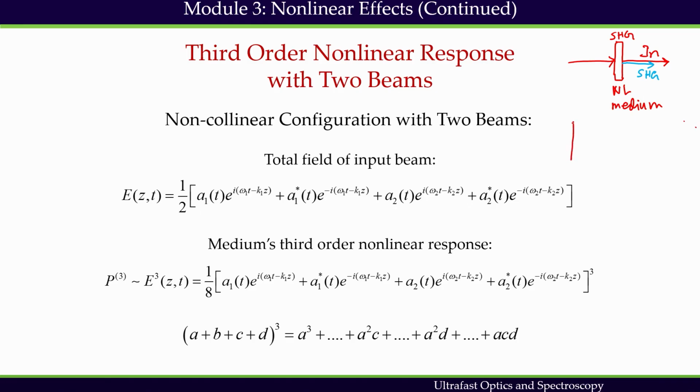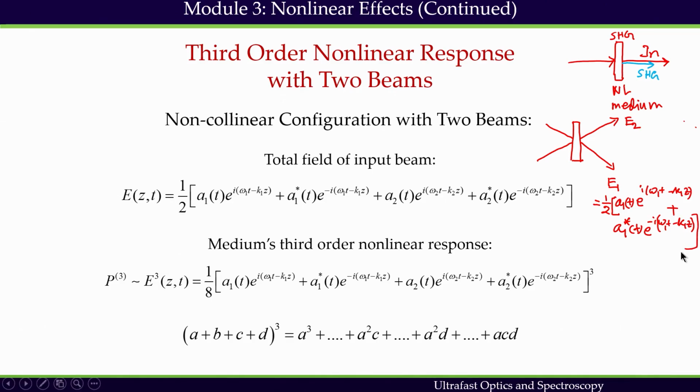So I have this medium and one input beam going this way, another input beam going this way, and I can write down these input beams in complex notation as E1 and E2. E1, the real field, can be written as half of A1(t), that is the envelope function, e to the power i(omega1 t minus k1 z), plus A1 star(t) e to the power minus i(omega1 t minus k1 z).